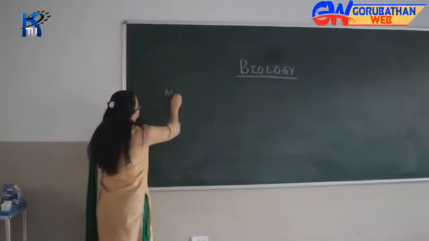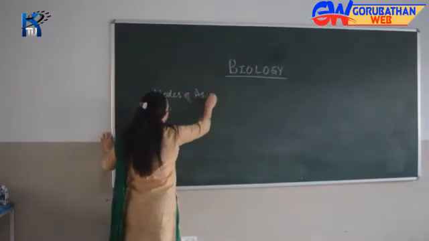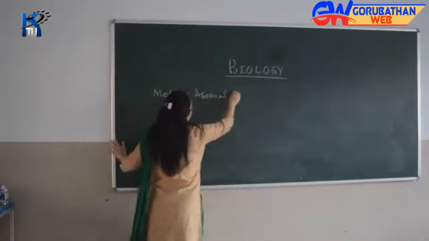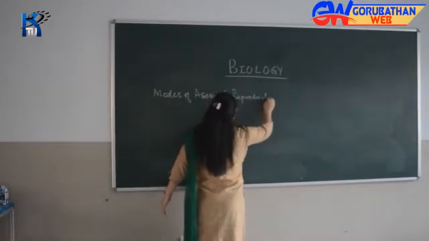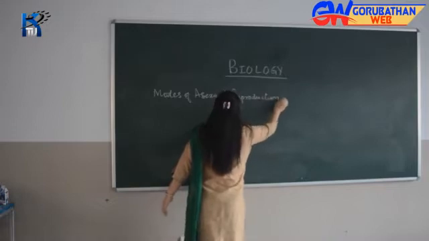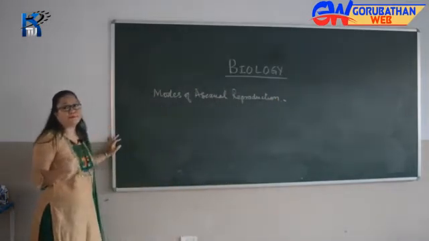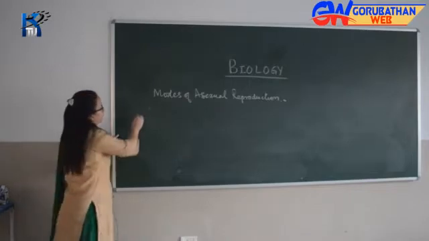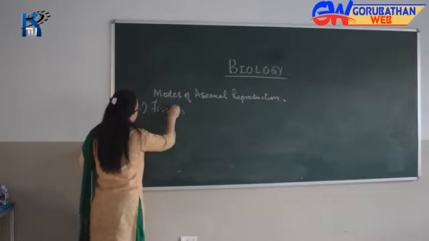Now the modes of asexual reproduction. Now, there are 5 types of asexual reproduction. One is fission.